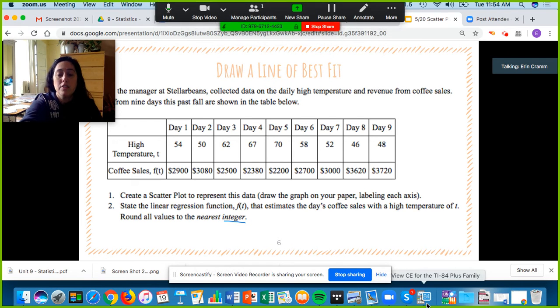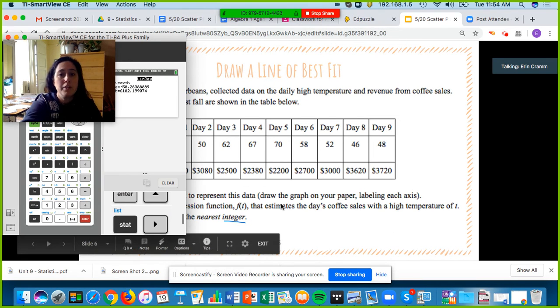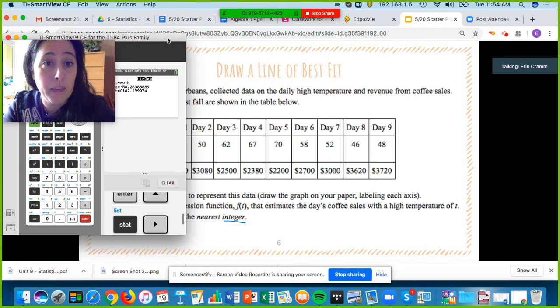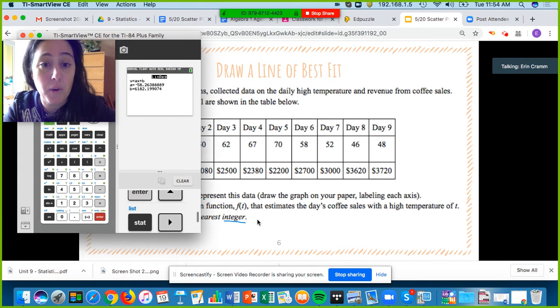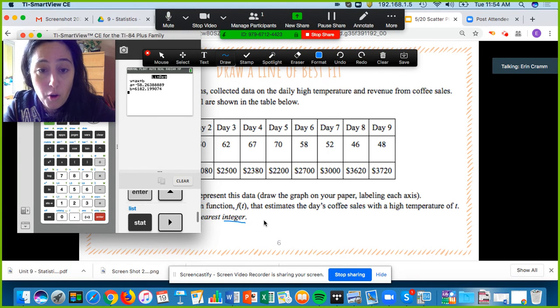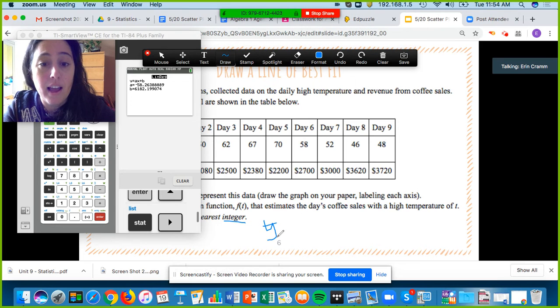Here I'm going to put not Y, because they give me a value for Y. So I'm going to put F of T equals, and instead of A, remember I'm putting in this value.